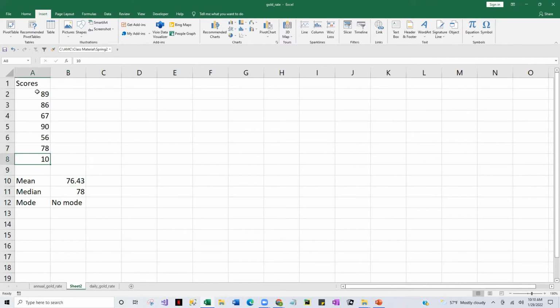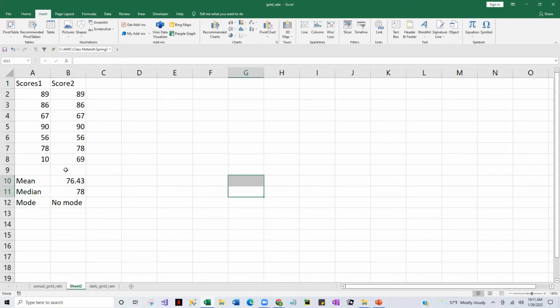Even if I'm changing one, we have two sets of data. Previously, I think it was 69, right? So I have two sets of data, score 1 and score 2.